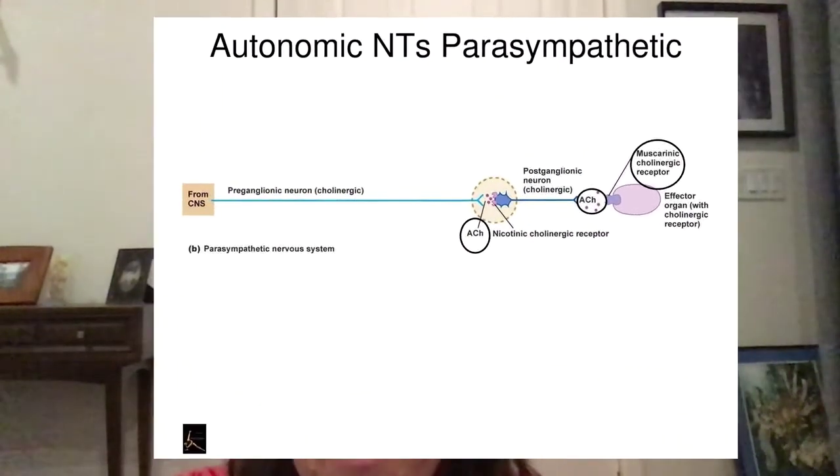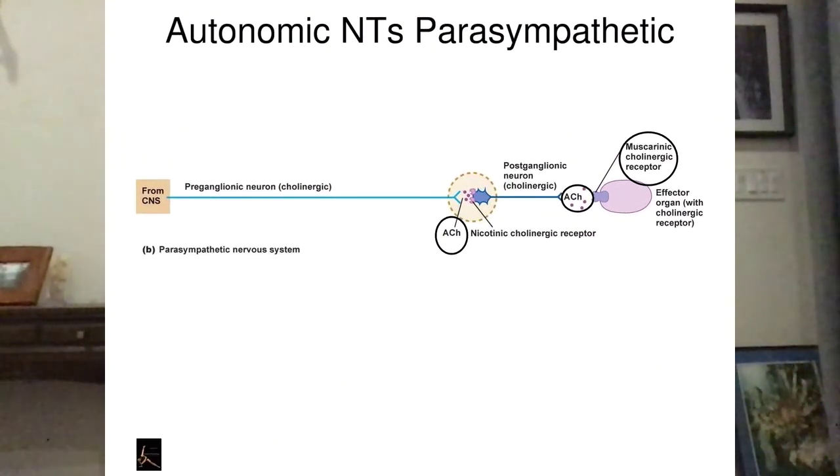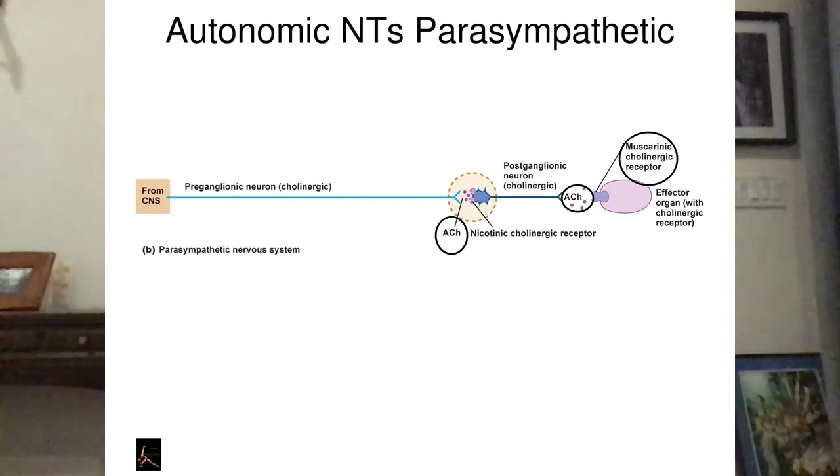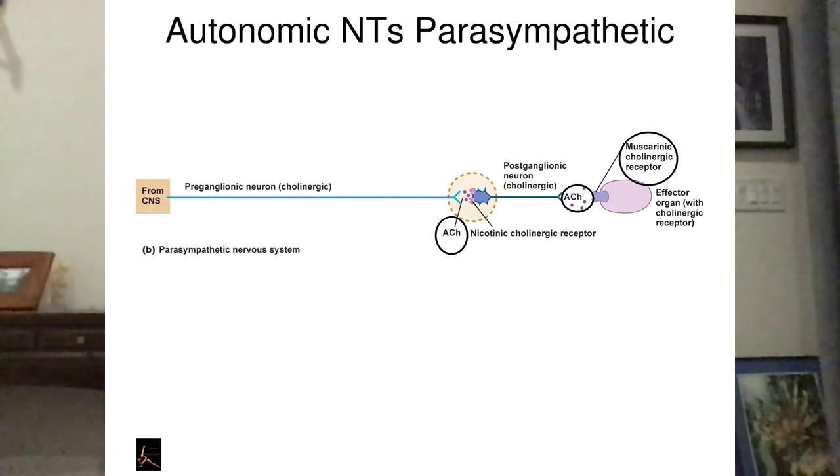This is parasympathetic. This is ACH being released at the preganglionic fiber and also ACH being released at the postganglionic fiber. But at the postganglionic fiber, that can be either excitatory or inhibitory. And so that happens because that has a different type of receptor. This is called a muscarinic receptor. We learned this in the previous unit.